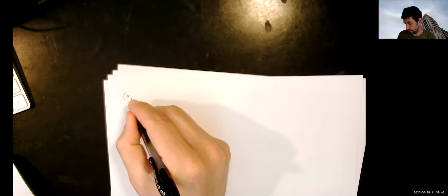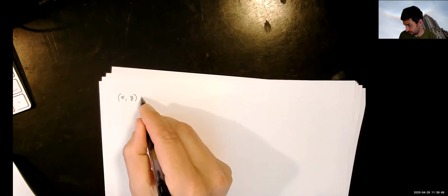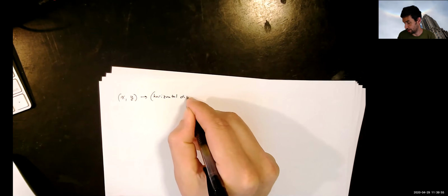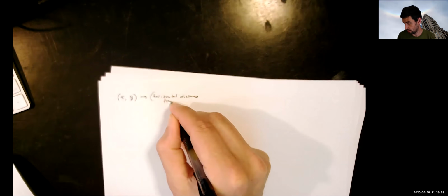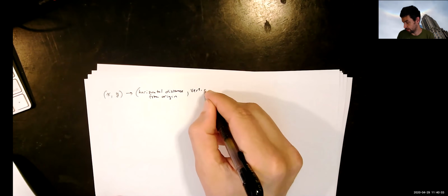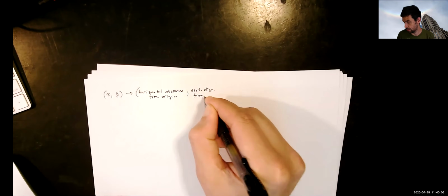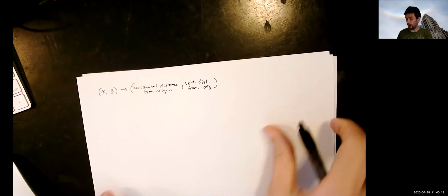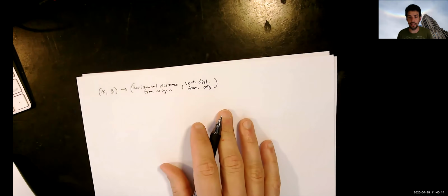You're used to rectangular coordinates or Cartesian coordinates, where you get an x, y pair and those tell us the horizontal distance from the origin, and the y is the vertical distance from the origin. So that's what we're most familiar with. It's a way of locating a point in the plane.